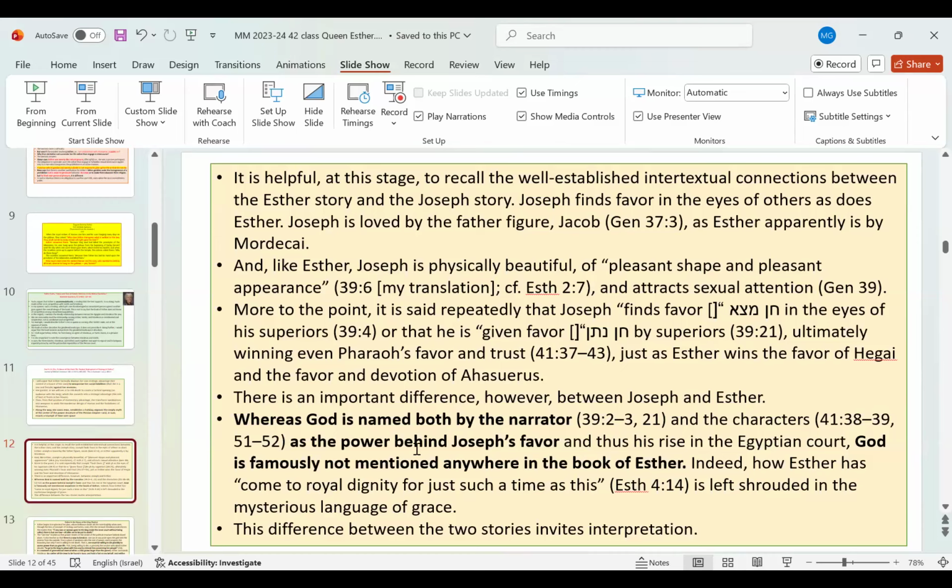He also points out a strong intertextual connection between Esther and the Joseph story, and maybe I'll talk about that one day. It's fascinating to look at Joseph, who's beautiful, taken into the king's palace, and also sexualized a little bit, if you remember when Potiphar's wife wants to rape him. So that's really very interesting.